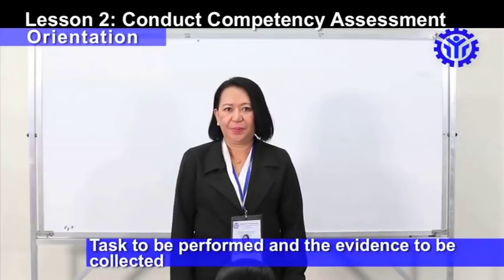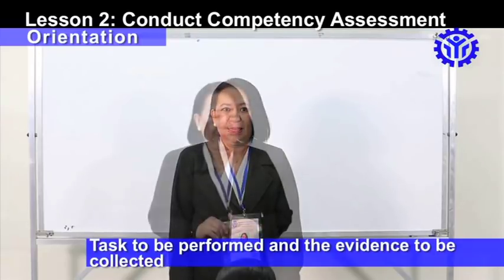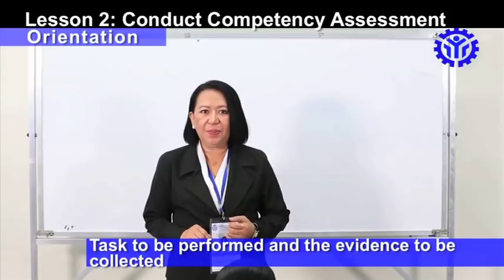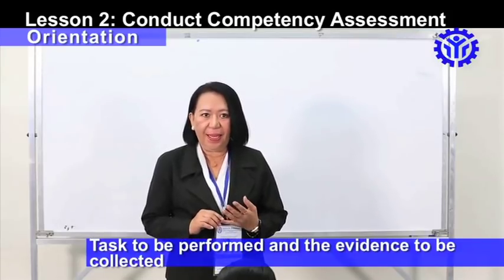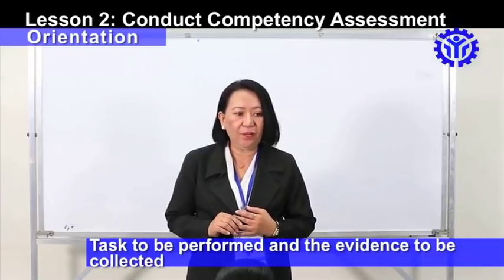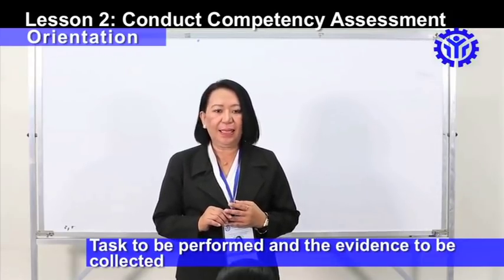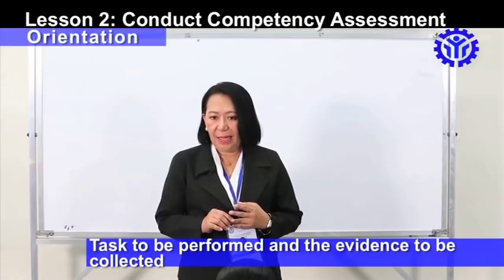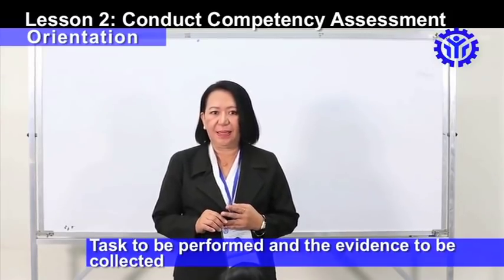Tasks to be performed and the evidence to be collected. The different tasks to be performed are the following: making up bed, valet servicing such as shoe polishing and packing of guest clothes, laundering linen and guest clothes, and the proper use of tools, materials, and equipment for cleaning the premises.